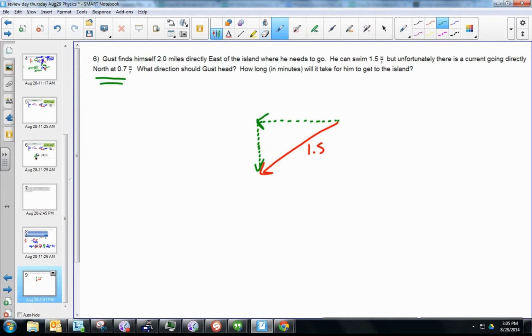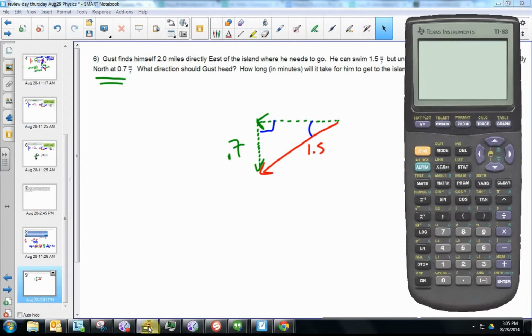And so he actually wants to exactly cancel that. So this is going to be 0.7 south. And if you've done a lot of right triangle trigonometry, you're like, okay, well, I'm done now. The problem is going to be easy to solve, because if I know 2 parts of a right triangle, I can get the third part using the Pythagorean theorem. So let's do that real quick and see if you guys get the same answer I do.